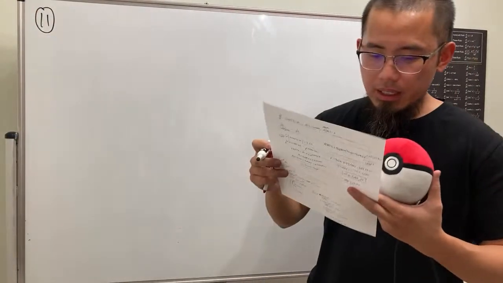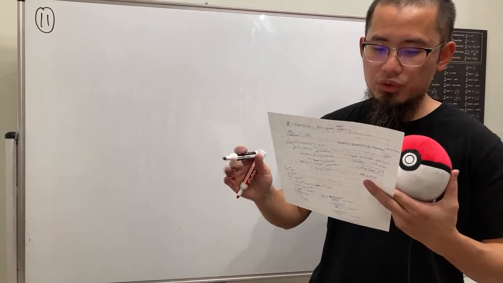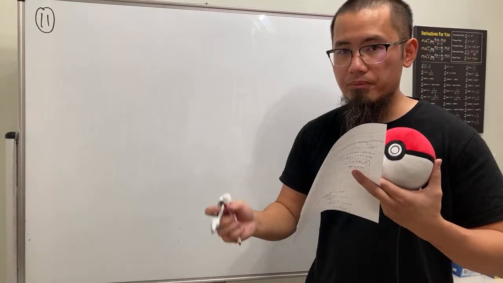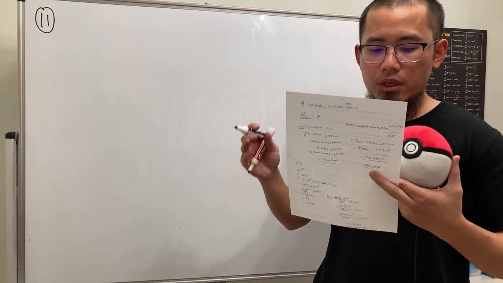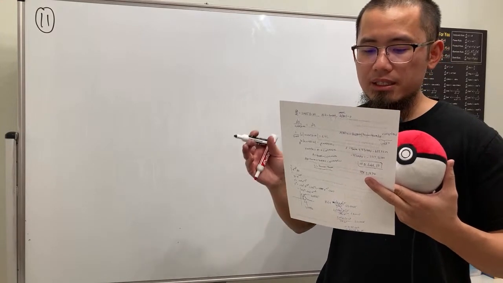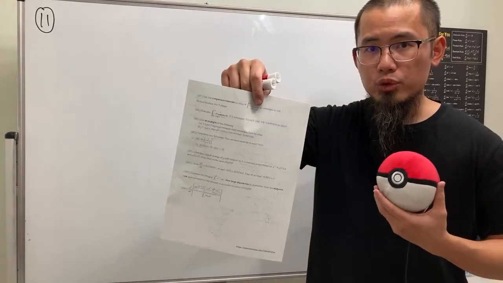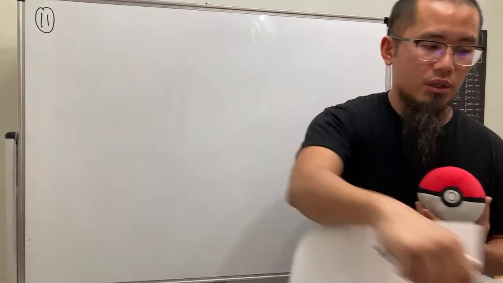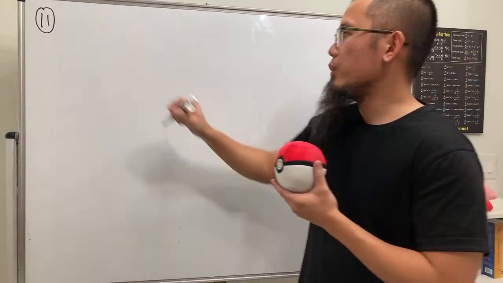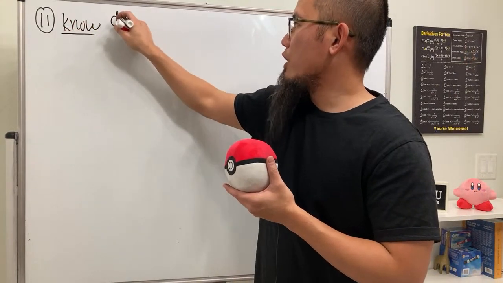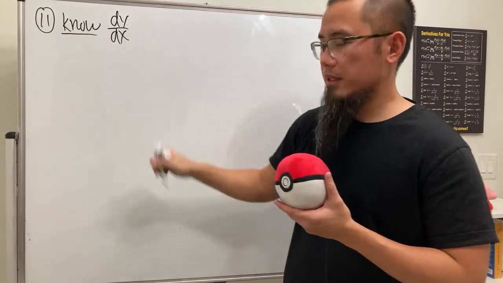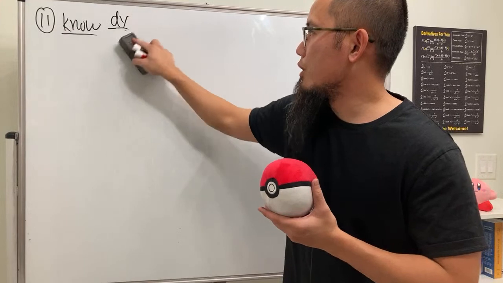So it says, given the rate of change of y with respect to t is inversely proportional to y squared. The rate of change is the derivative, so we have dy/dt, because we're talking about time.